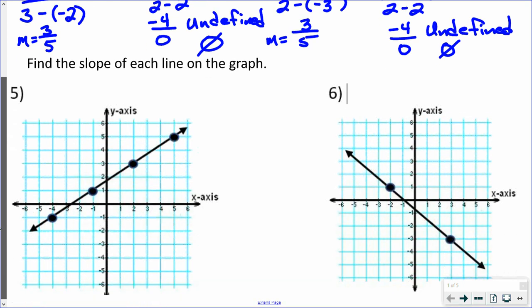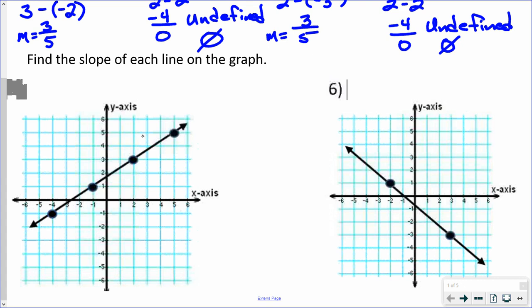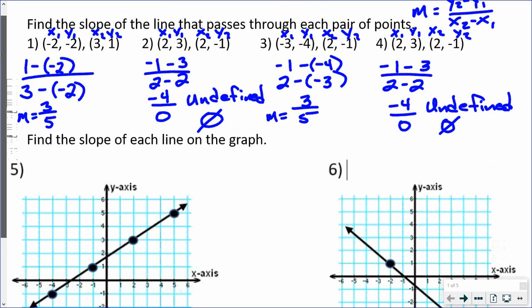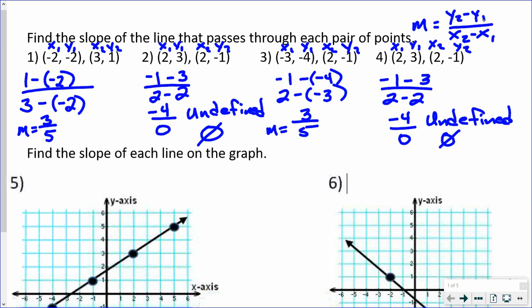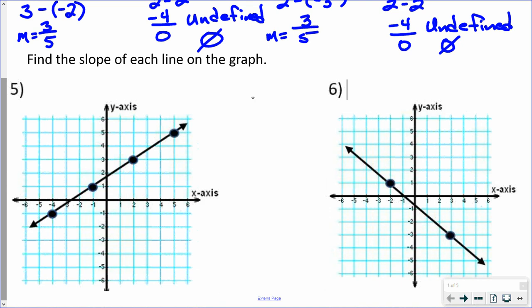All right, how do we find the slope of a line if we're given a graph? If we're given 2 points, we use this formula, y2 minus y1 over x2 minus x1. If we're given a graph, then what we're going to use is that slope equals rise over run.